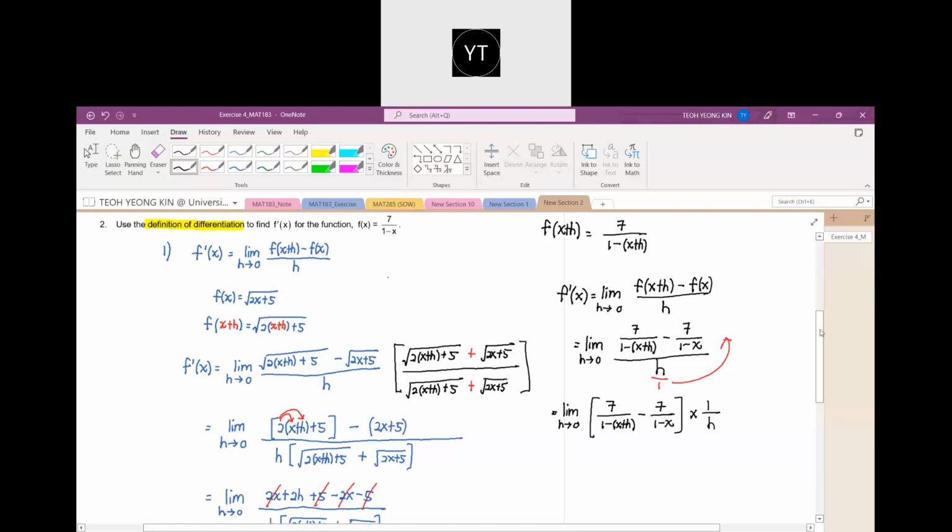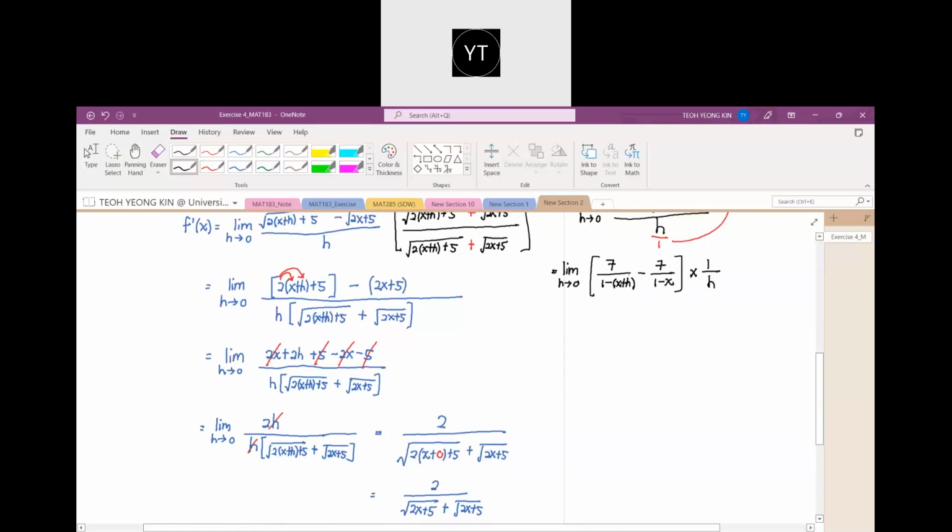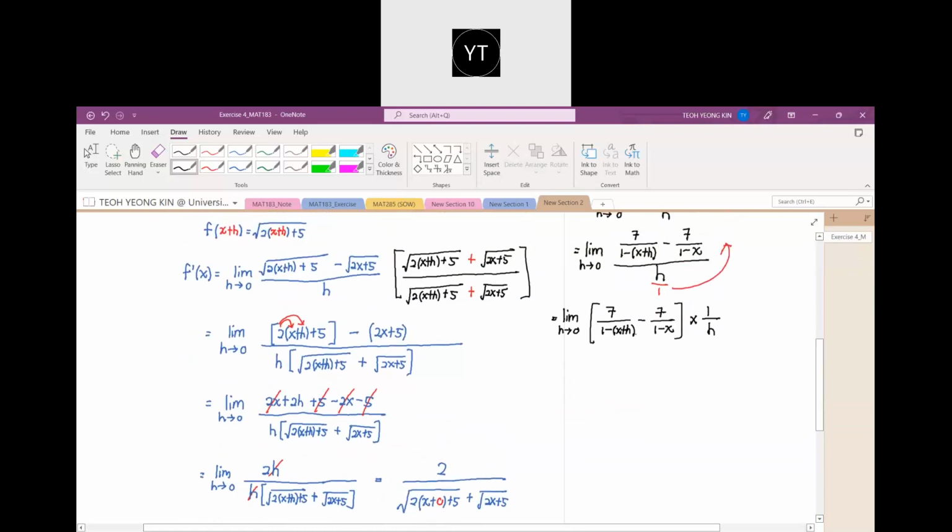Now I just concentrate on this part. What students usually do is multiply bottom, multiply bottom, and top cross multiply, if you still remember. If not, I will do it this way. In here, the denominator, we look at the right hand side, which is 1 minus x. So I multiply by 1 minus x, here also multiply by 1 minus x.